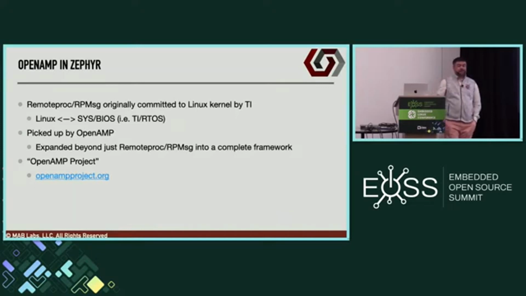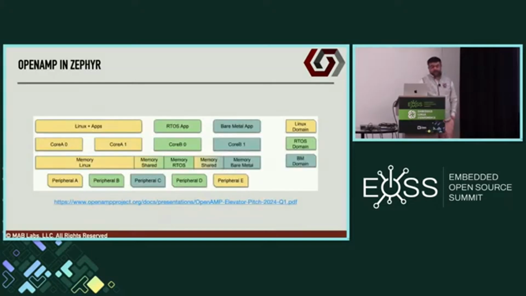That was the original motivation for TI starting this framework, and then it got picked up by OpenAMP, which turned into this overall project and organization. They expanded what TI started into a much more comprehensive and extensive library and framework. So this is the overall motivation behind OpenAMP in general.